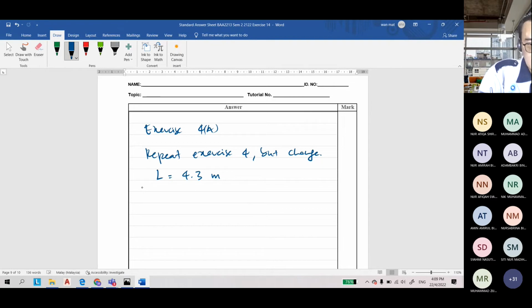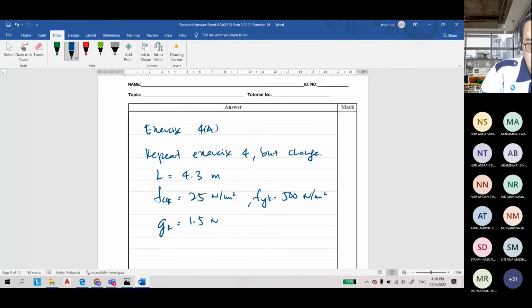And then you change the FCK, equal to 25 Newton per millimeter square. You maintain the FYK as 500 Newton per millimeter square. You use GK equal to 1.5.